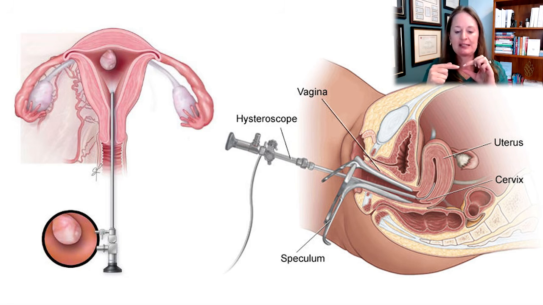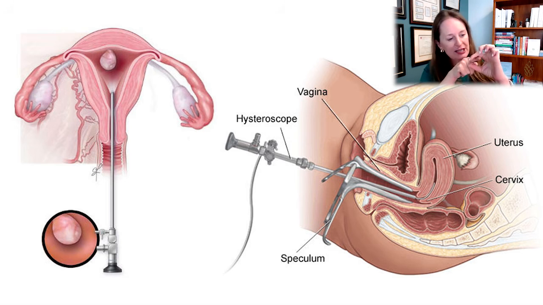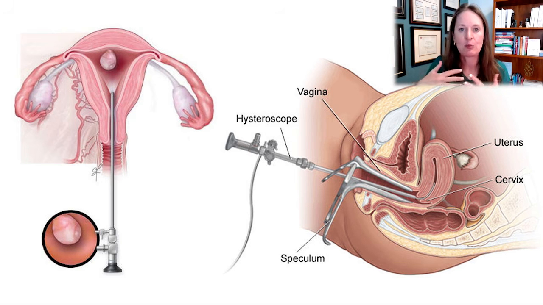Hysteroscopy is placing a camera through that little tip of the balloon, through the cervix, and looking inside the balloon. So you're able to see inside. And we do use water, usually saline, to distend the uterine cavity so that we can look inside.